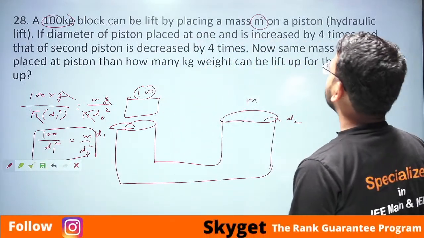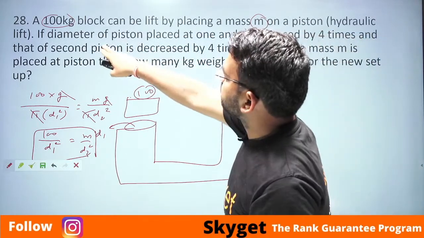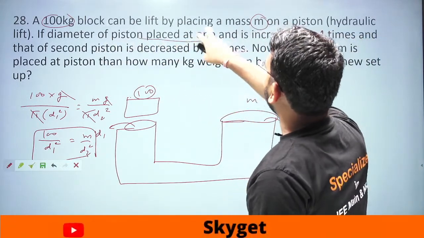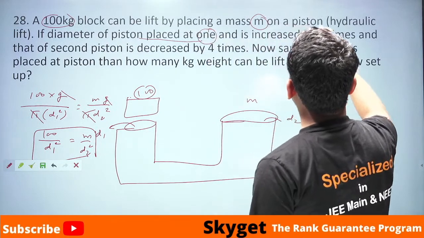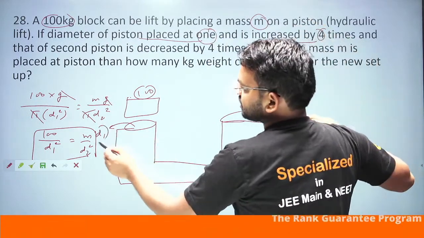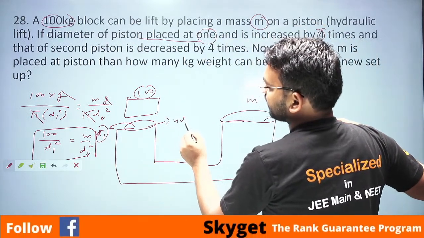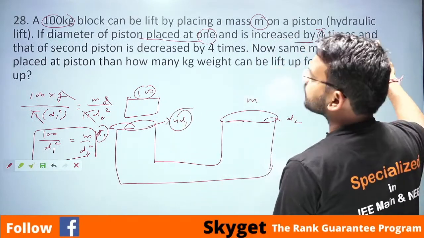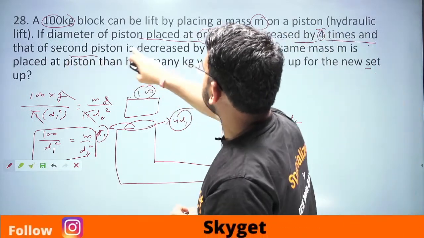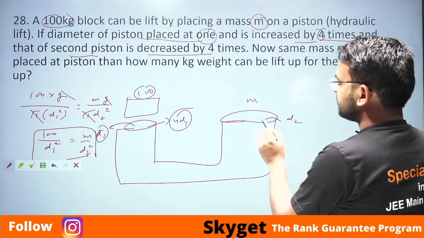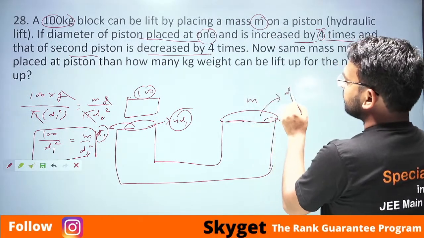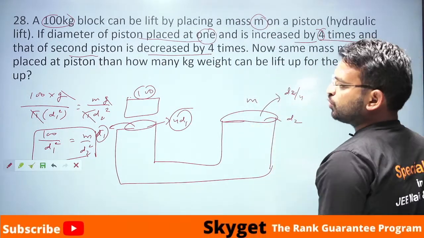But in the second case, what they are saying is that the diameter of the piston placed at one end is increased by 4. It means this diameter becomes 4 times d1, and the second piston is decreased by 4, it means the new second diameter becomes d2 by 4. So what will happen?